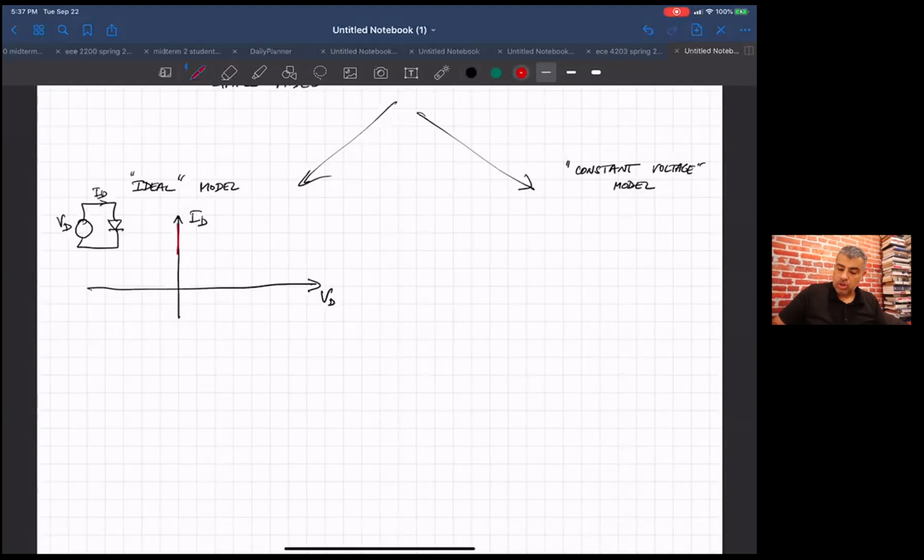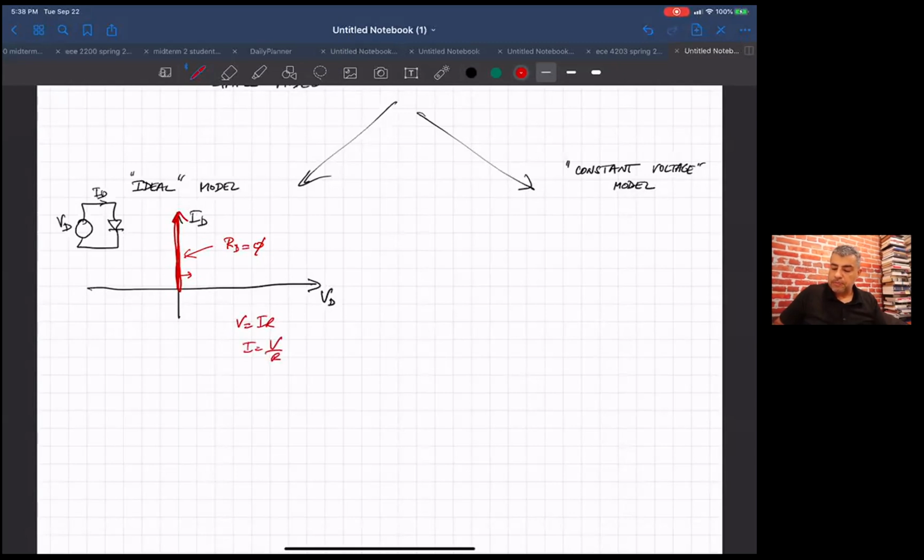It would turn on as soon as V sub D went positive, with 0 resistance. And over here, R sub D is equal to 0. And notice that I always have to write this V equals IR, so I is V over R.